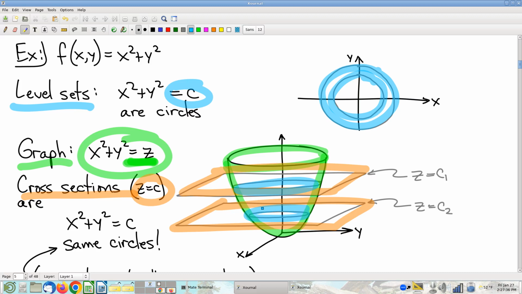Okay, to be fair, they live in 3 dimensions and they're sitting up above, right? But aside from the z coordinate that we're not interested in, these circles and those circles are exactly the same. Everybody good? All right, so very different constructions, but they're related.